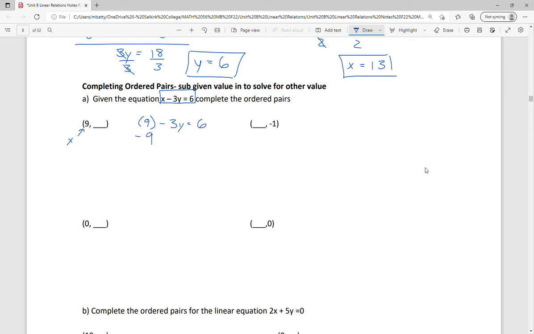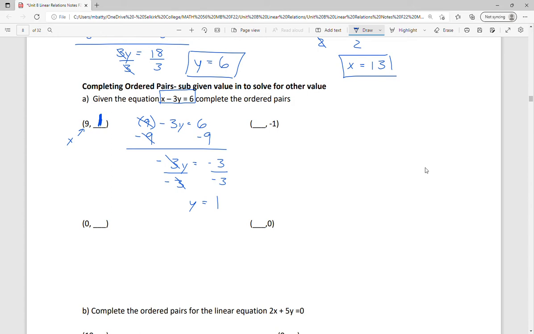So I'd be subtracting 9 from both sides. I'd have negative 3y equaling negative 3. Divide by that coefficient. Watch your negatives in this one. I'd get that y equal to 1. And I could just complete this ordered pair with that answer.